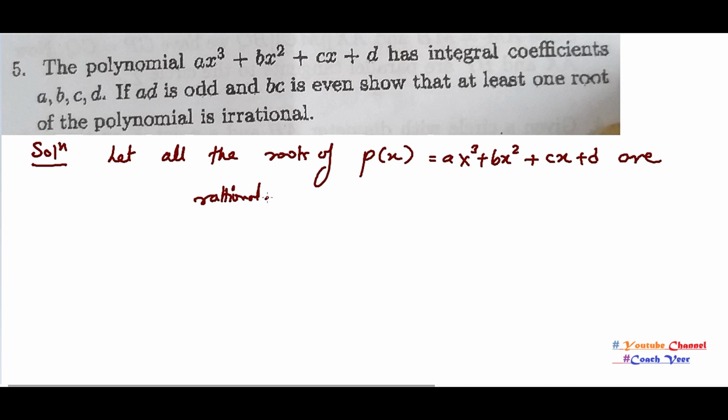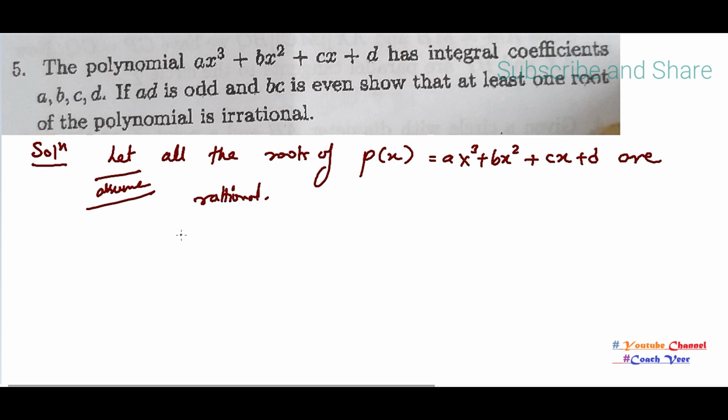As it is a cubic equation, at least one of the roots must be real, whether it is rational or irrational does not matter, because complex roots occur in pairs. That's why one of the roots must be real. But here I am assuming that all the roots of this P(x) are rational.